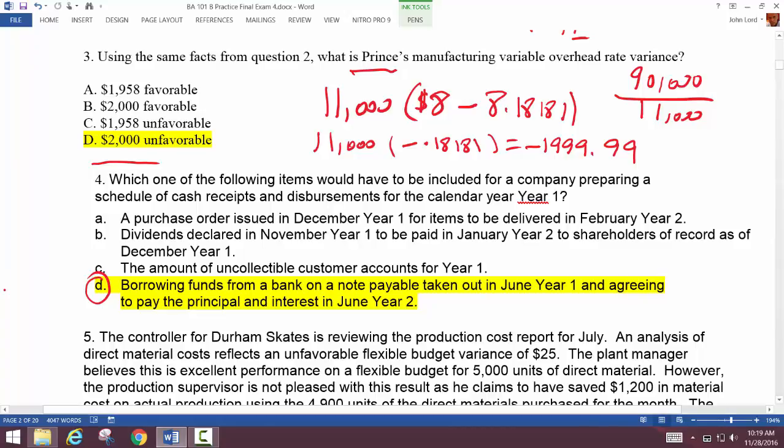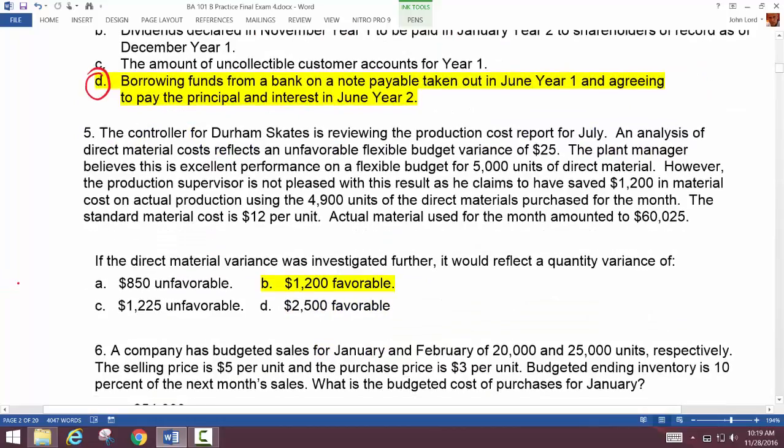Okay, good. Number 5. The controller for Durham Skates is reviewing a product. I think we did this one, but let me do it again because I'm not sure if I had changed it somehow. I know we did this one where one manager is saying that was pretty good on a budget of 5,000 units, but we only produced actually 4,900 units. So what's happening here?